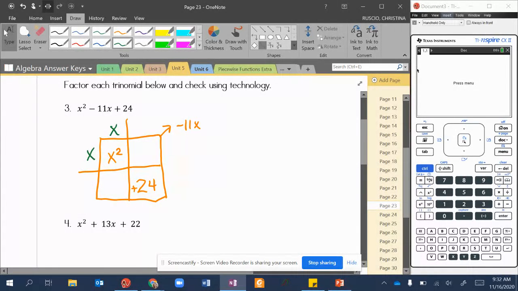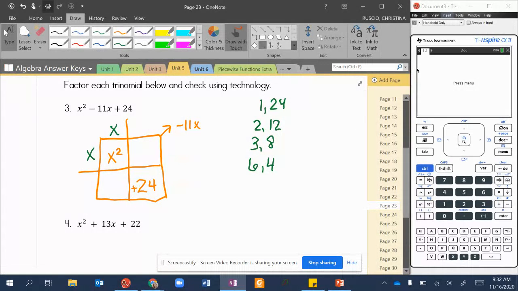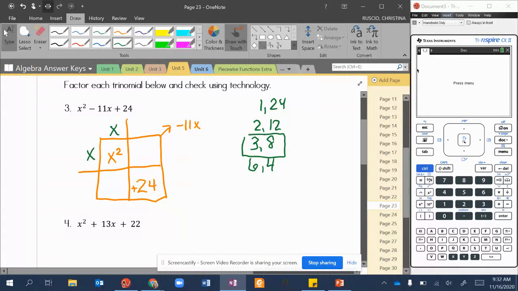And then what we need to do is find two numbers that multiply to positive 24, but add to negative 11. So numbers that multiply to 24 are 1 and 24, 2 and 12, 3 and 8, 6 and 4, 4 and 6. I guess I should have written it like that. So of any of those two numbers, will they ever add to negative 11? Huh. I think 3 and 8 do, but they both have to be negative.